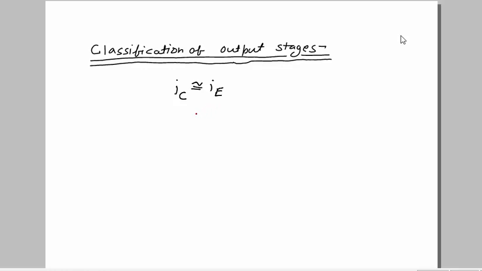So based on the current waveforms we will see the classification of the output stages. Before going to the formal classification, let us discuss some random concepts here, which will help to collectively study this topic.